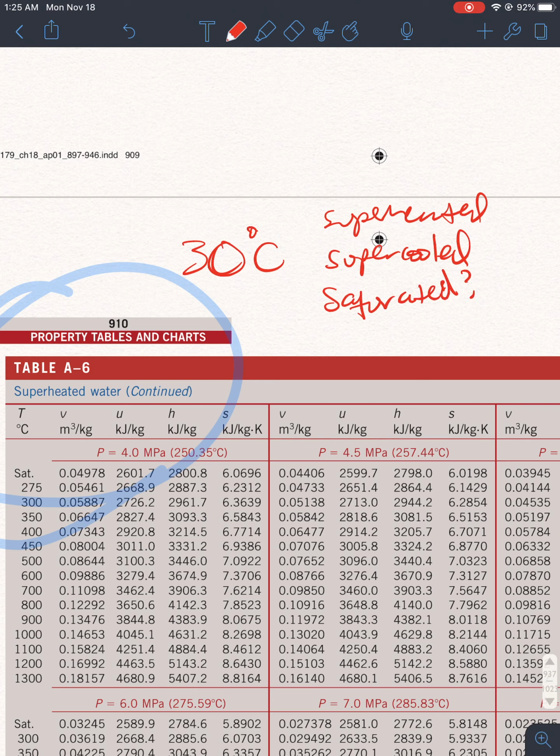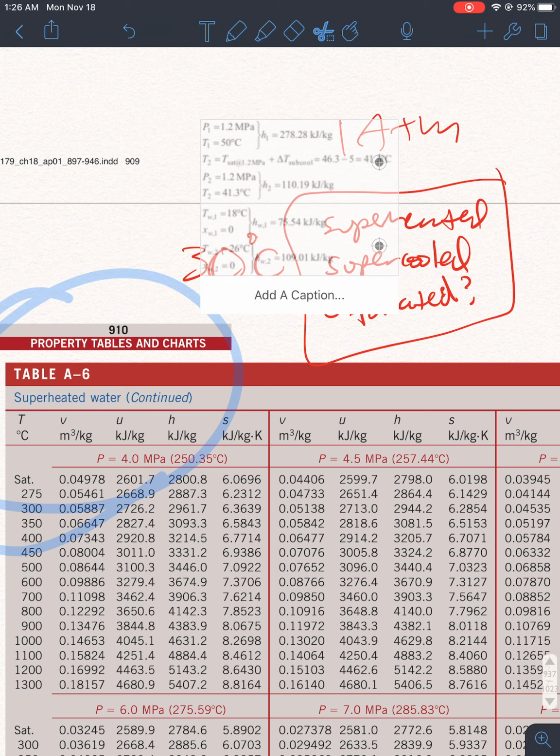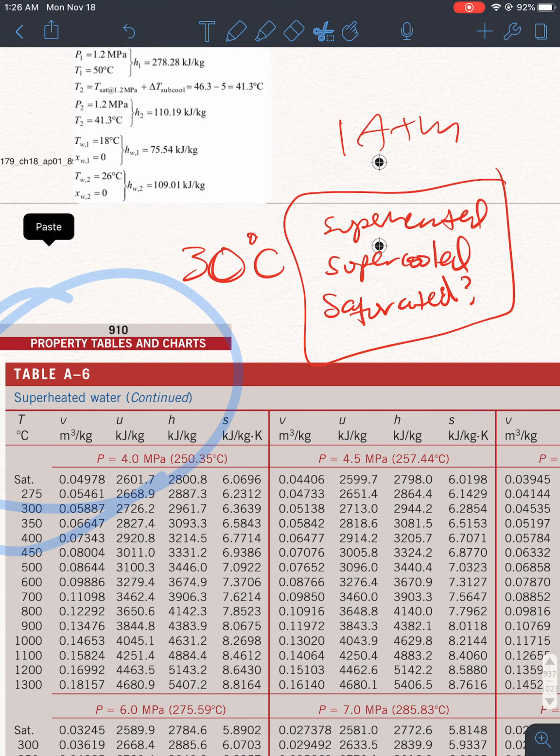Huh? At standard temperature and pressure at 1 atm, I think you assume, let's see what the pressure is. Let's just paste that. The pressure of the water is just disregarded, so it's negligible. It's atmospheric pressure.